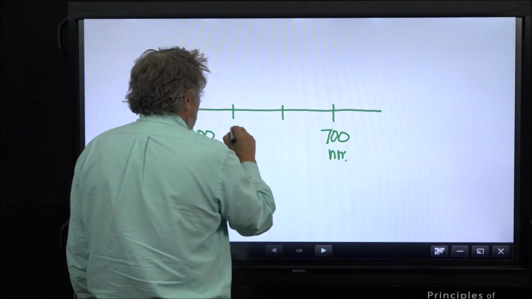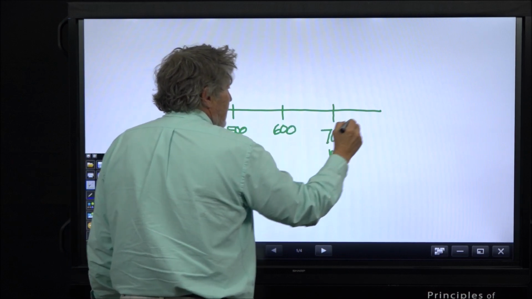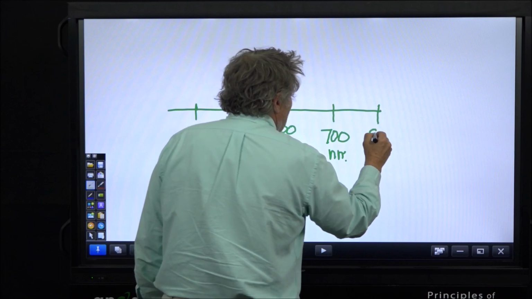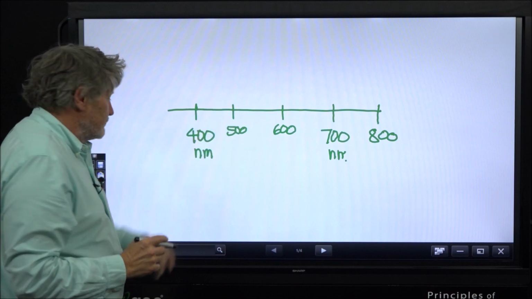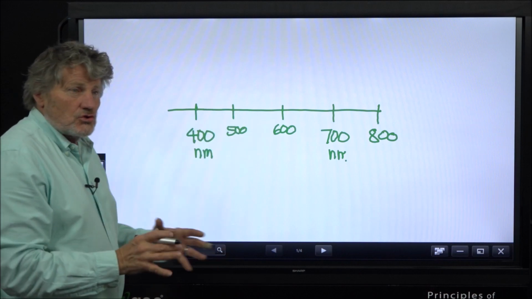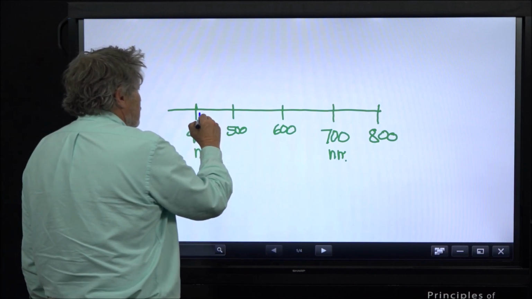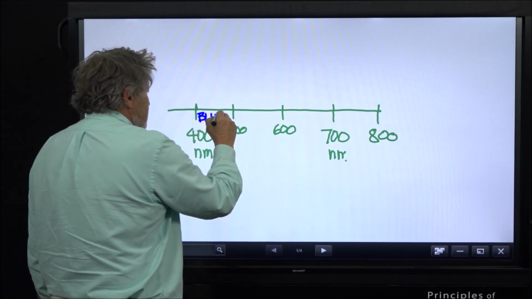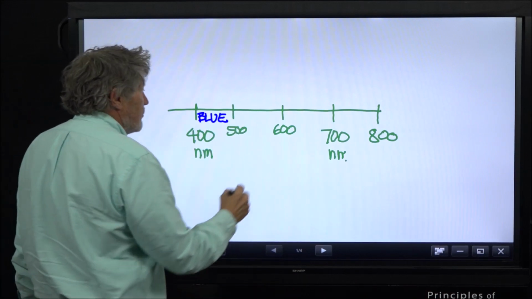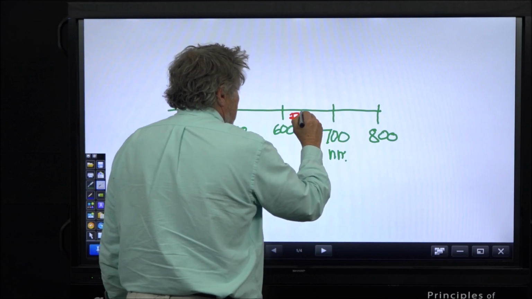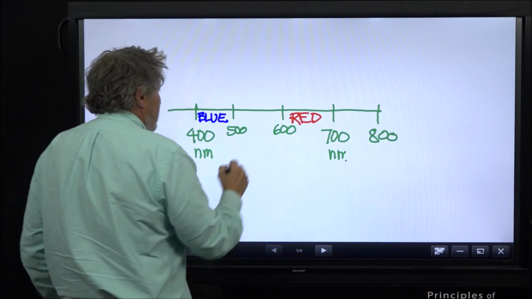Here's 500, here's 600, and over here we'll put 800. So these are the wavelengths associated with colors of light. Now, if we do blue, this is blue here. This is elementary, but it's important to the understanding. This out here is red. And green right here.